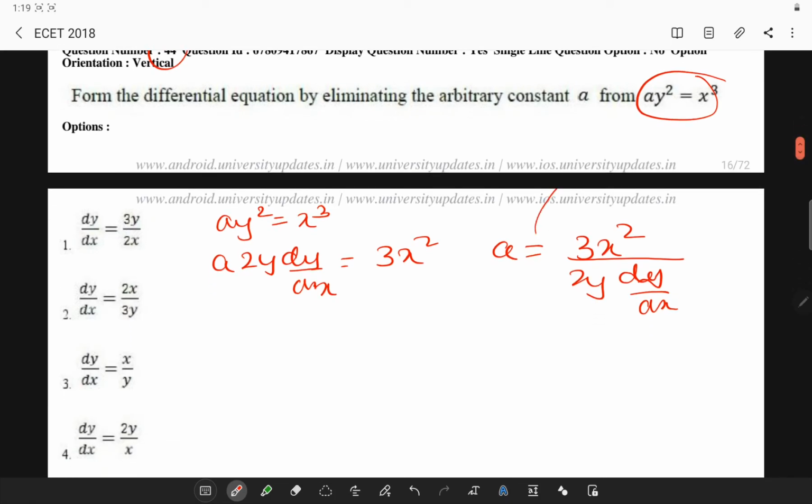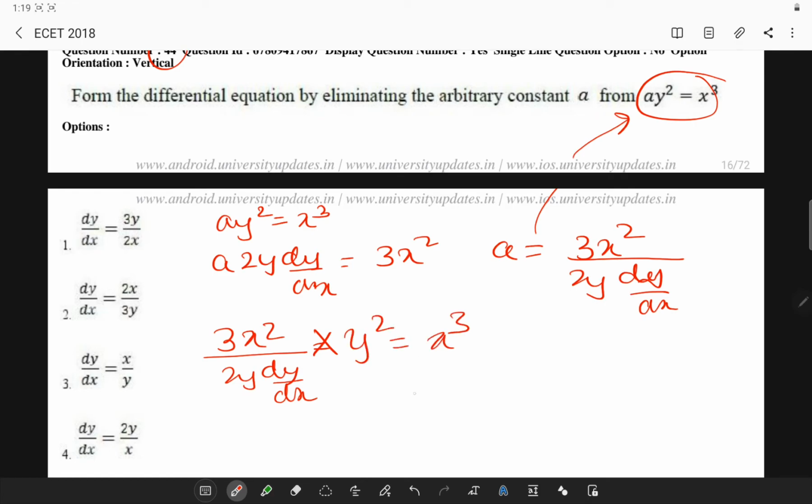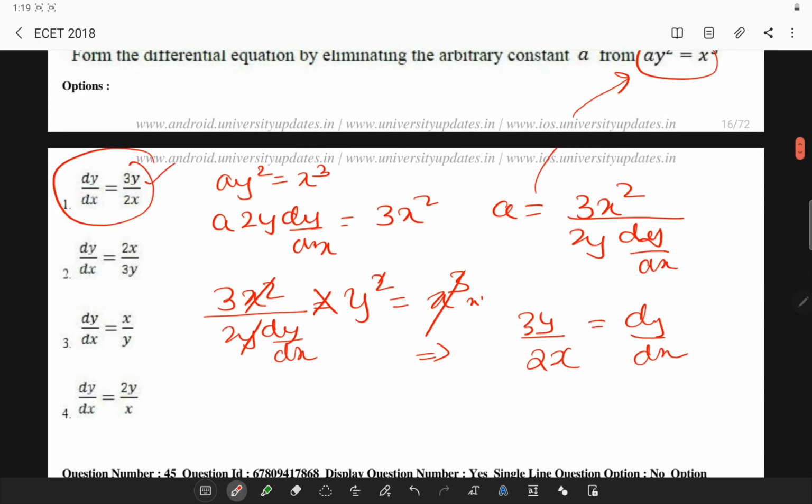So if I substitute this a in this equation, I'll be left with 3x square by 2y into dy by dx into y square is equal to x cube. So by doing this, I'll be left with 3y by 2x is equal to dy by dx. This is the solution.